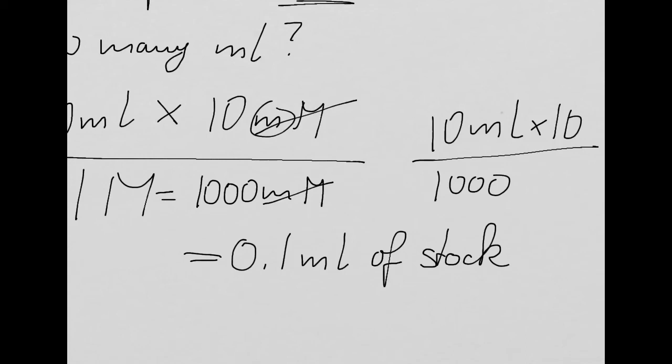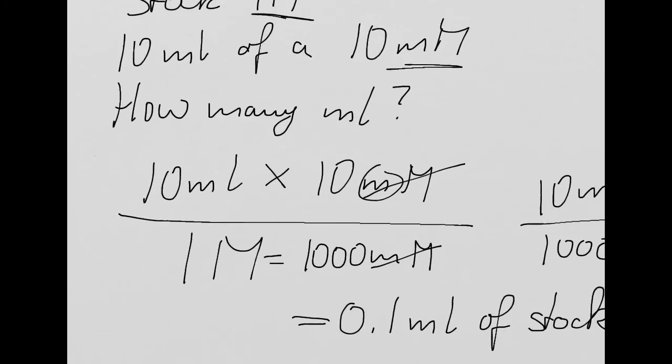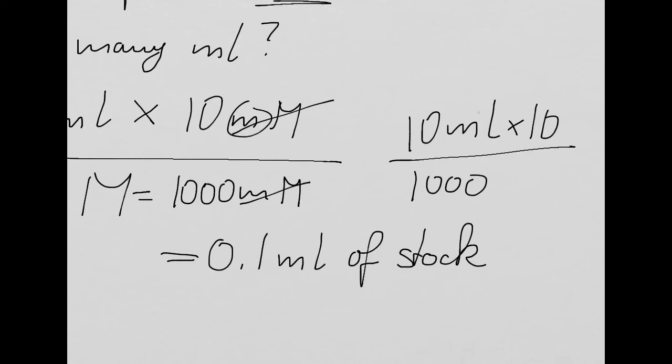How much water do I need? I want a total of 10, so in this case I want 9.9 milliliter of water or buffer. Okay? Happy with that? You can do it? Absolutely simples.